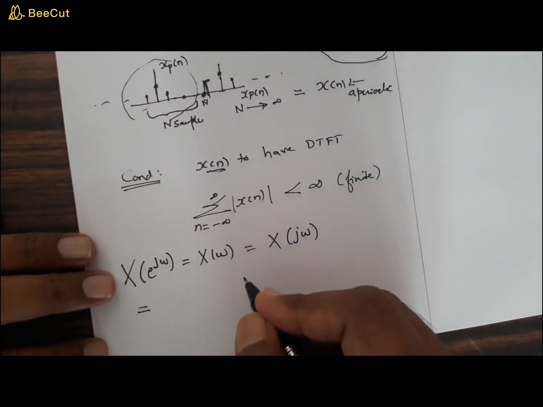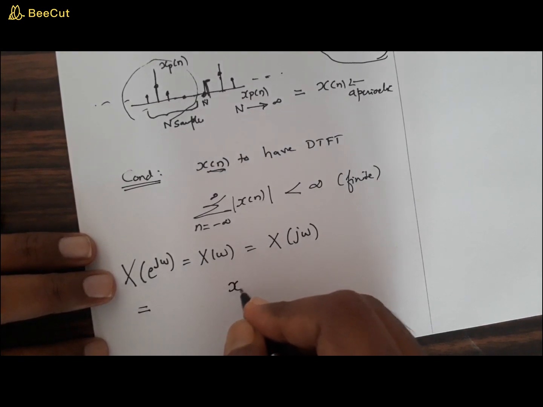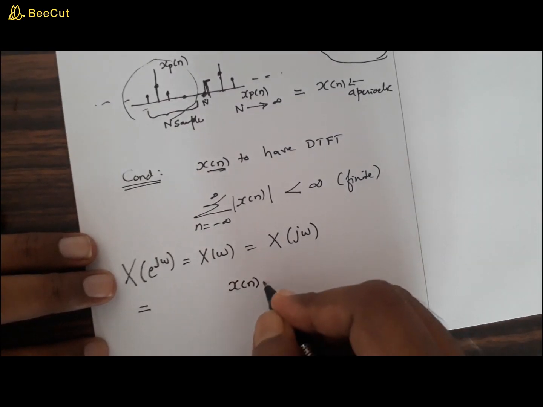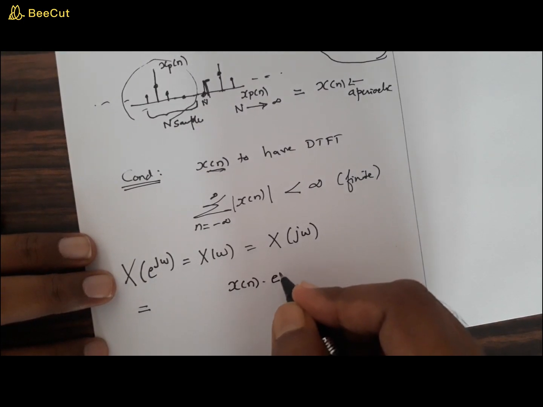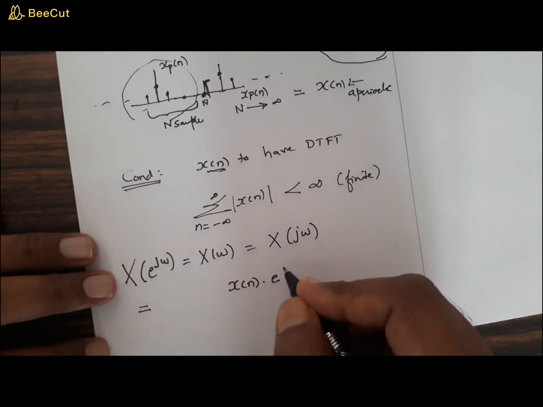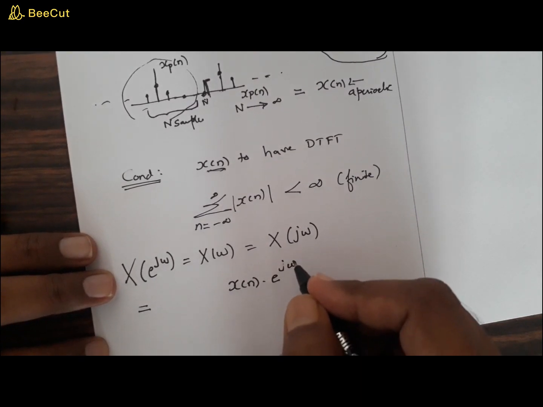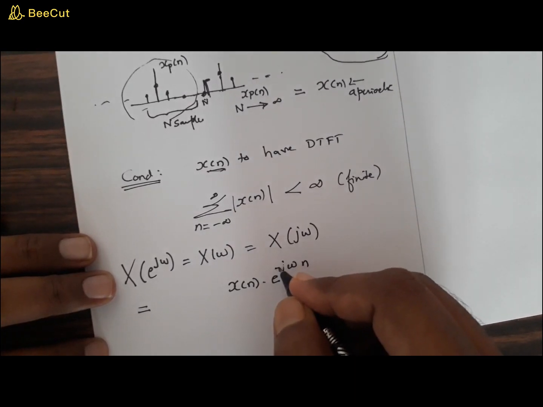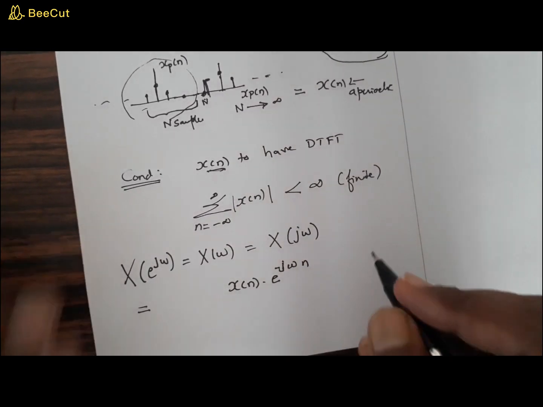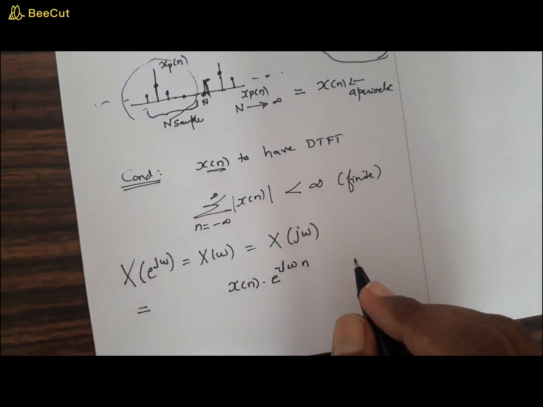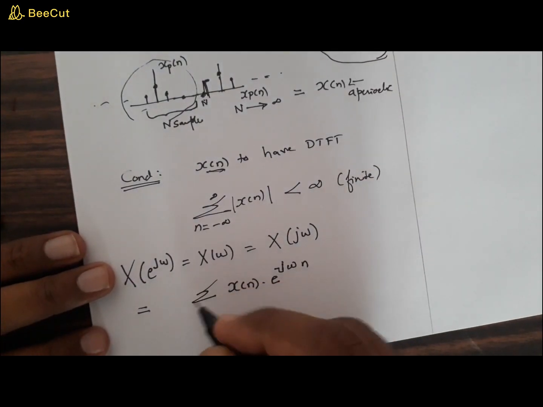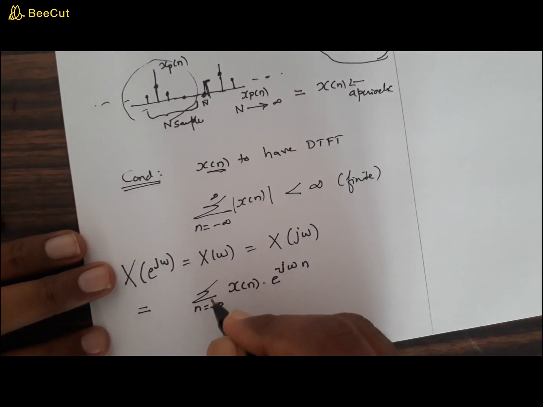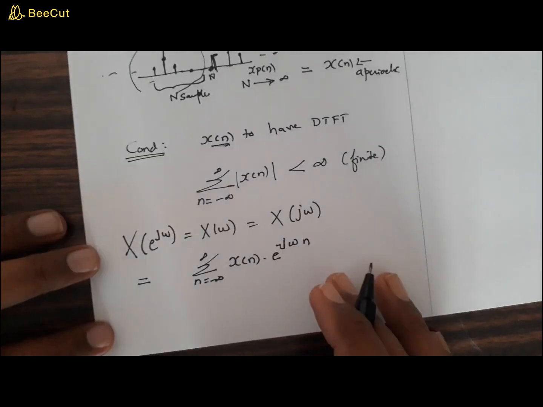This Fourier transform is represented by multiplying your x of n by e raised to minus j omega n, and summing as n varies from minus infinity to plus infinity.